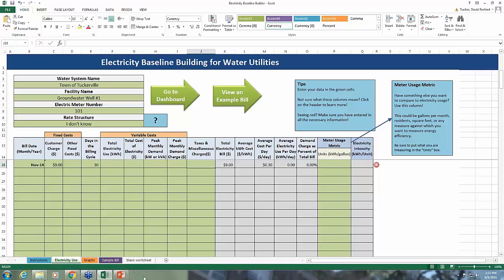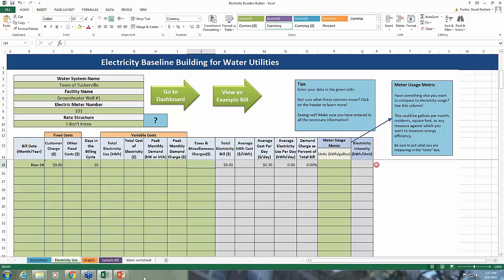The first thought that comes to my mind there is, each of those electricity providers has probably got at least one electric meter at your water system. And so similar to the previous question, you would want to have a different Excel workbook for each electric meter for each electric provider. And you may not have any control over this. It may be that just part of your water system falls into Company A's electric territory and part of it falls into Company B's electric territory.